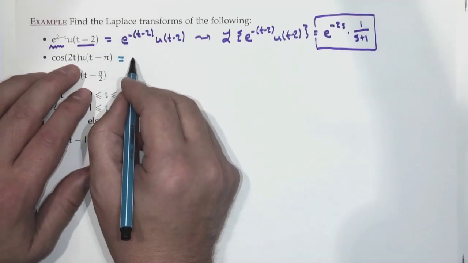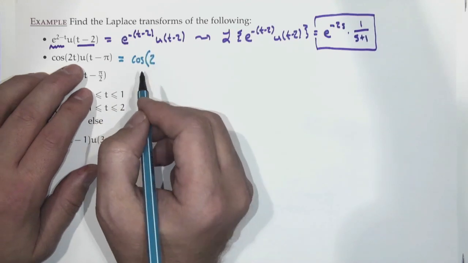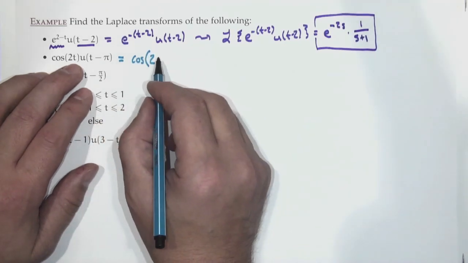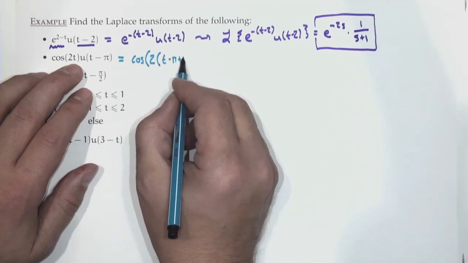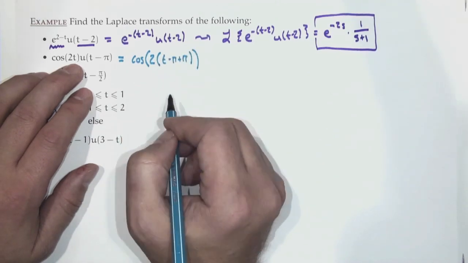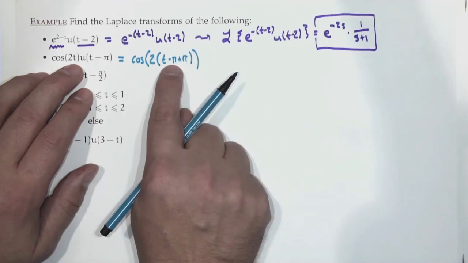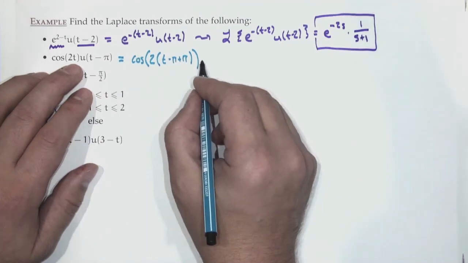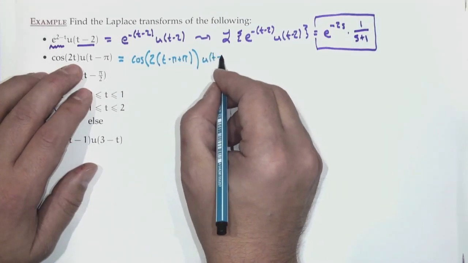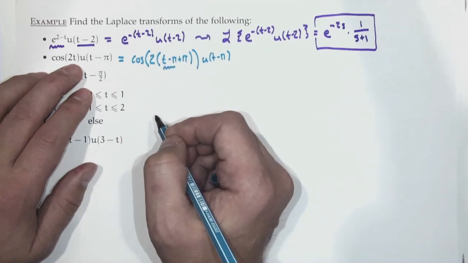Well, that's cosine of 2t. Now here's the really amazing fact. It turns out that t is the same as t minus pi plus pi. It's absolutely true. I just subtract, I add, life is good. Now, why do we do that? Well, because I want to get a t minus pi in there.